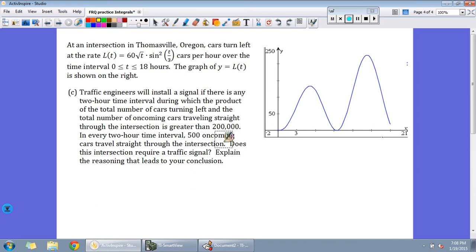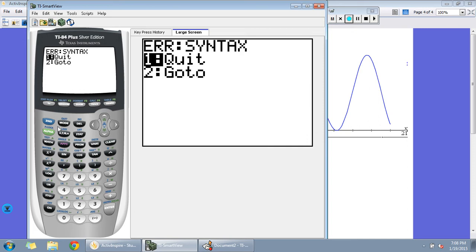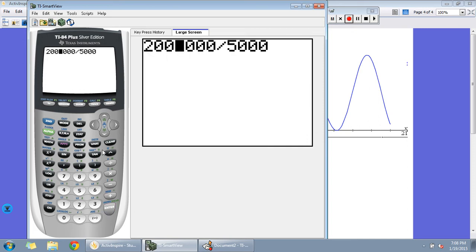Well, if we need the product of the total number of cars turning left and oncoming cars traveling straight to be 200,000, if we divide 200,000 by 500, we're going to get 400. Let's delete that and put an extra 0.